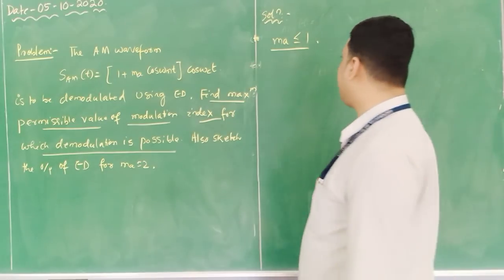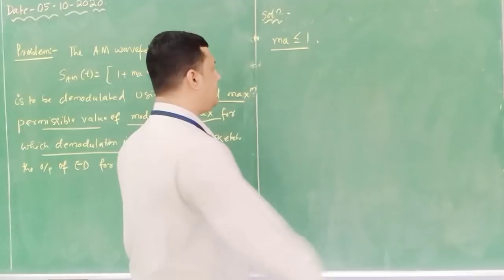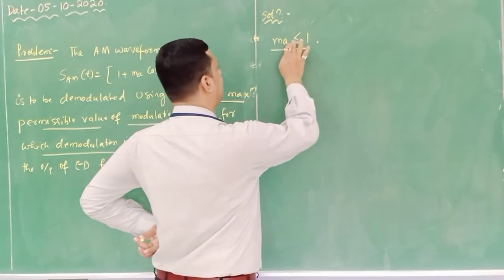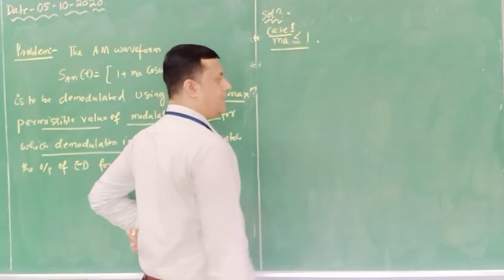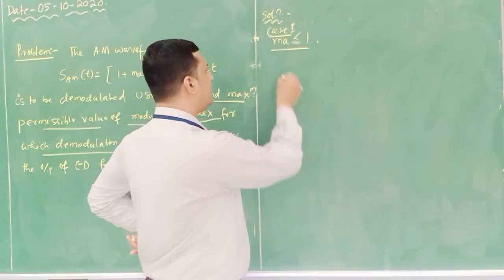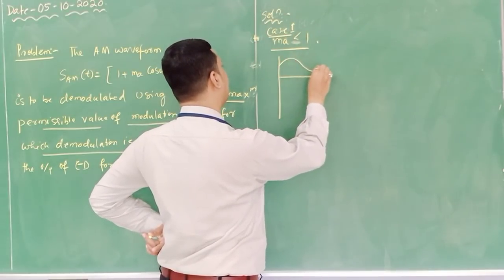Now once again I will discuss the figures so that you can correlate. First, case 1, MA less than 1. In this, suppose my modulating signal is this.